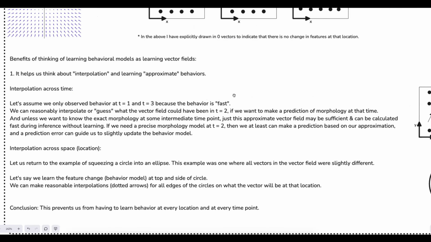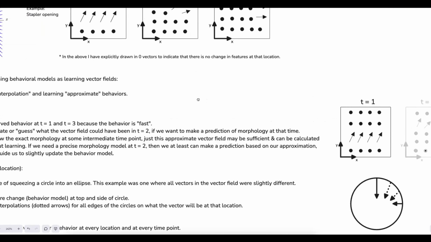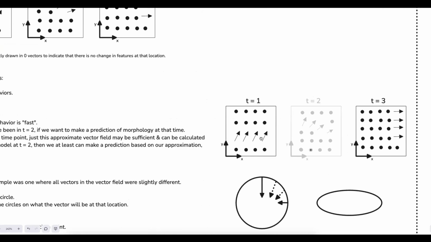Maybe this is an obvious example, but I think if we learn these arrows at time equals 1 and these arrows at time equals 3, and we need to guess the morphology at time equals 2, we can interpolate between those two and get an approximate morphology model.